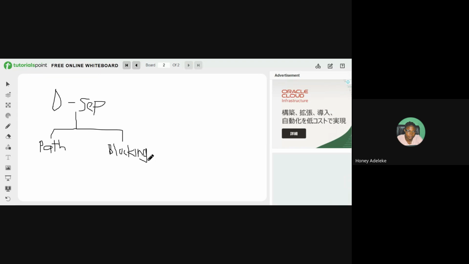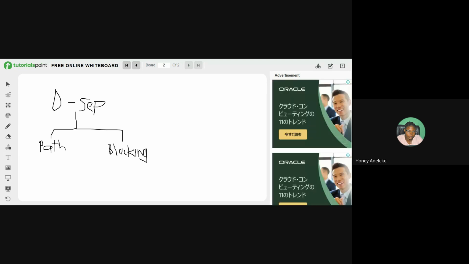All right. So what do we mean by a path? I would say that a path is any sequence of connected edges, regardless of the direction. Any sequence of connected edges between two nodes in a graph is the path.